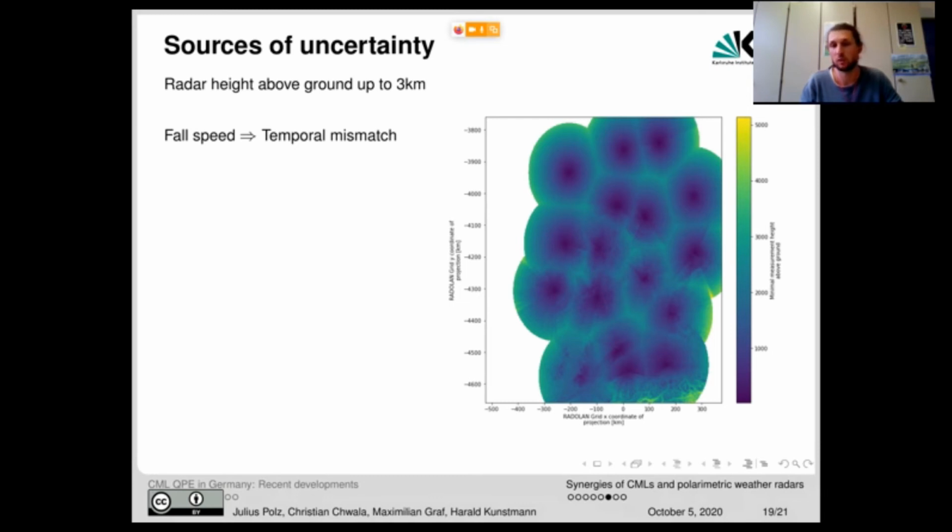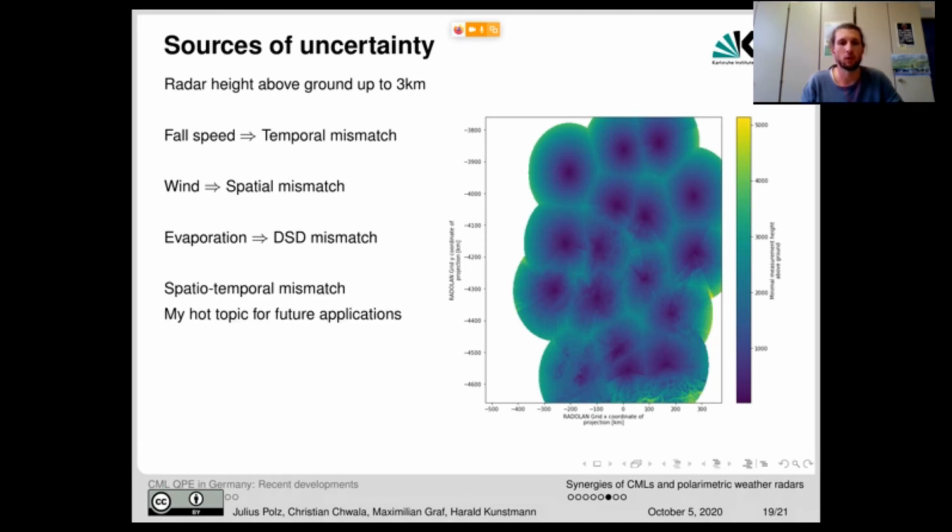And if we have a 5-minute resolution from radar and CMLs, then we should actually be able to see that temporal mismatch. Due to the wind, there should be some sort of spatial mismatch if there is wind. And due to evaporation, but also effects like drop size sorting or drops growing while they are falling, there can be a DSD mismatch.